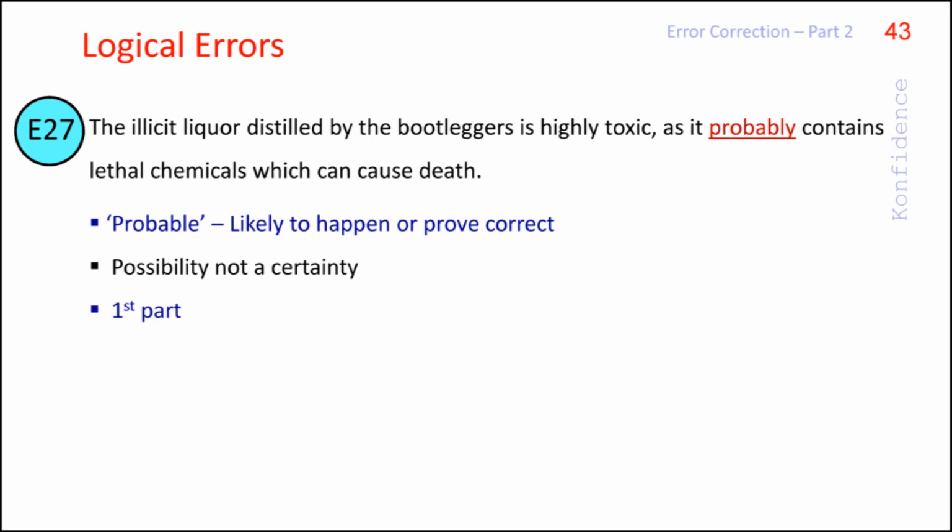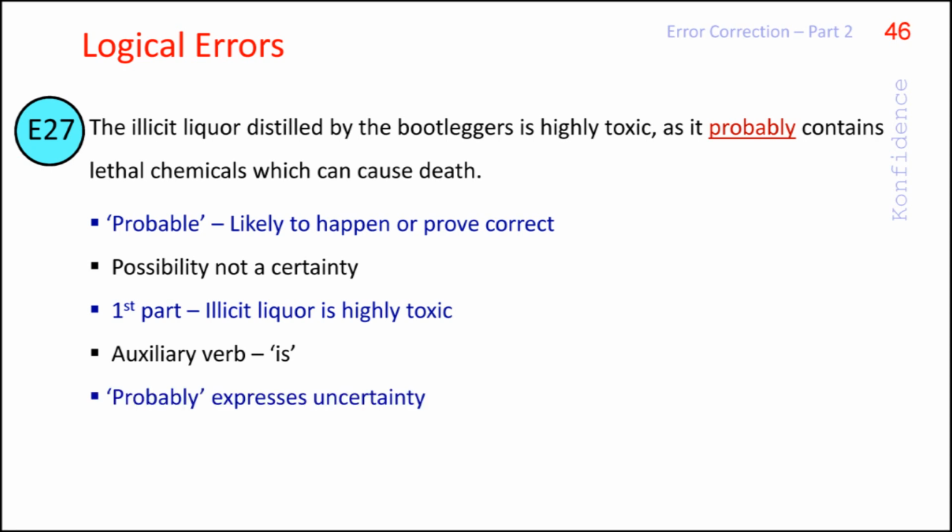The first part of the sentence affirmatively says that the illicit liquor is highly toxic, with the auxiliary word is. If the liquor is highly toxic, definitely it contains lethal chemicals. The word probably expresses uncertainty. There is no logic in using that word in the sentence, so probably must be omitted from the sentence.